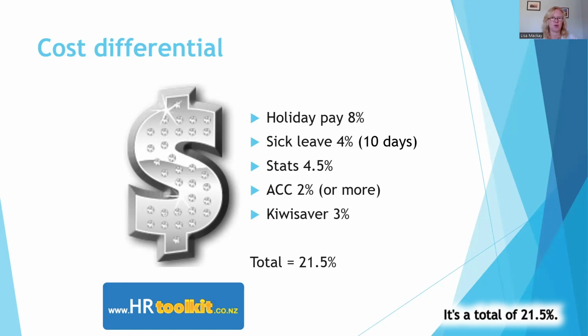It's a total of 21.5%. So the other thing to think about is that's what your employees are actually costing you. They're not costing you minimum wage. They're costing you minimum wage plus 21.5%. So yeah, important to be aware of that particular number.